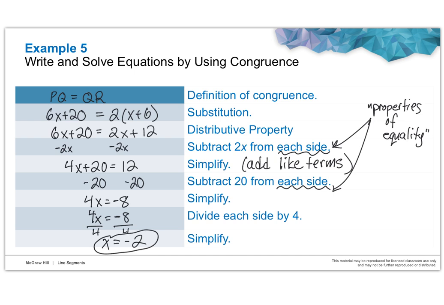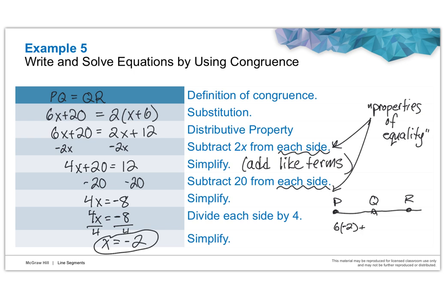A reminder that the value of the variable can be negative, even though we're coming from a diagram of a segment where, of course, a length would never come out to be a negative value. But that x is really only part of the measure.